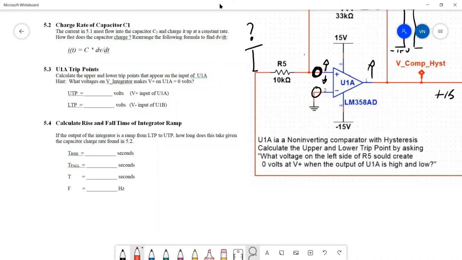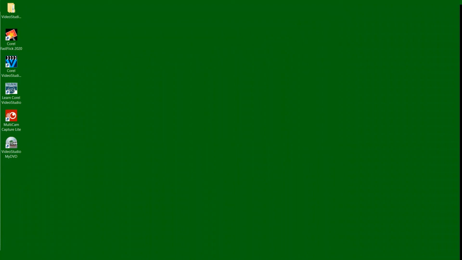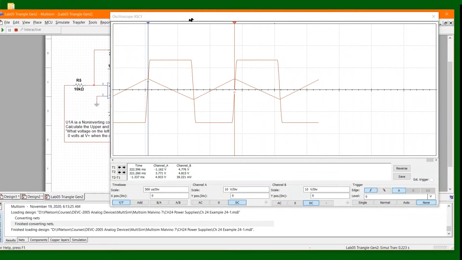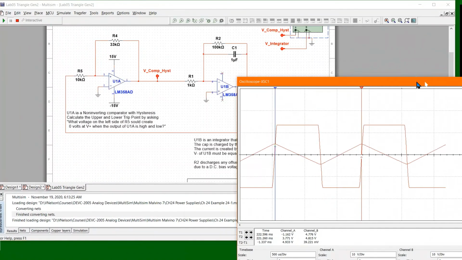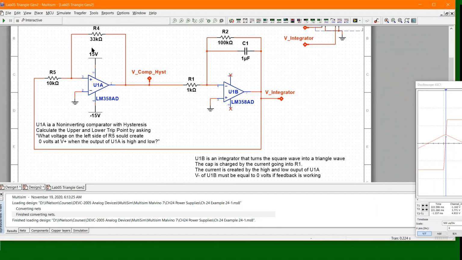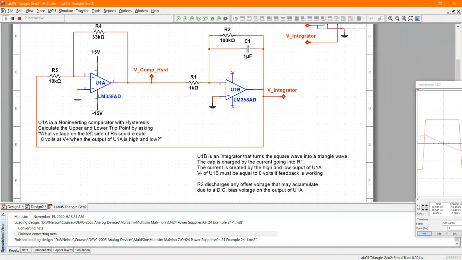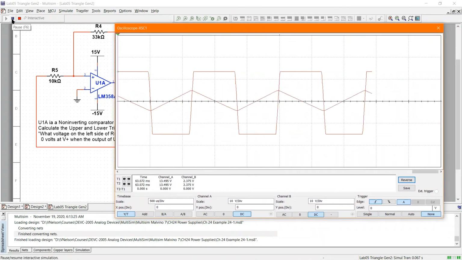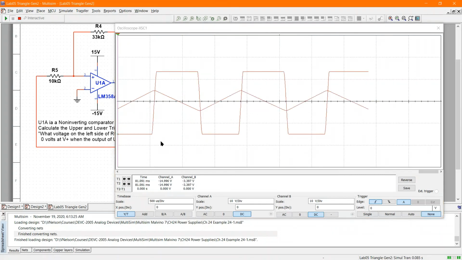Okay, I think the last question was, what happens when you put this into Multisim? Does it work in Multisim? So if you enter this into Multisim and you press the Go button, what you end up with is a triangle that looks something like this. I'll see if I can pause it at a good point.